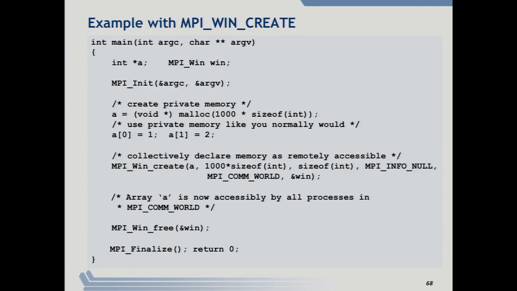If I don't have any info, there's a special info object, MPI info null. I think, in fact, we probably should have called this the empty info instead of null info, because usually null handles are invalid inputs to MPI calls. But in this case, this one's allowed. Use comm world here, and I get a new win. Right? Then I'll be able to do things. When I'm done with this, I free it. For C users, of course, you pass the address of this because it's going to set win to MPI win null at exit, so that if you mistakenly used it again, you will get an error.